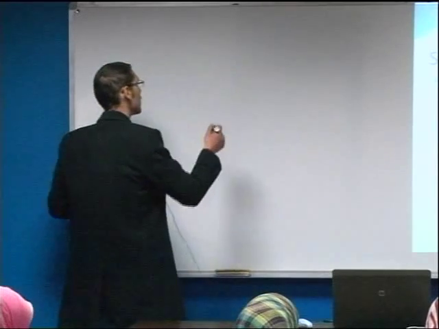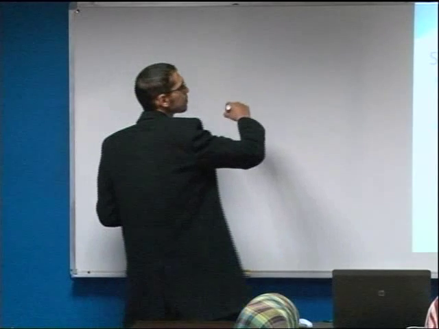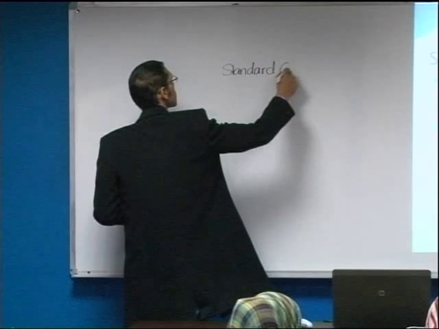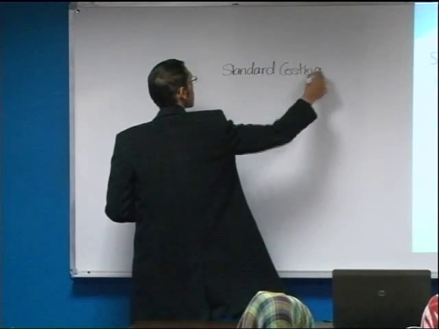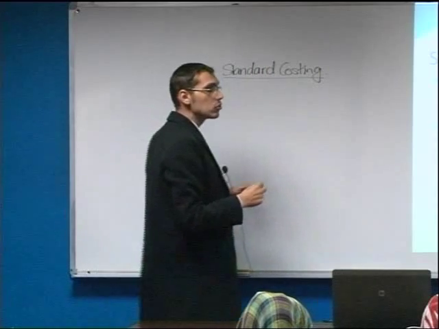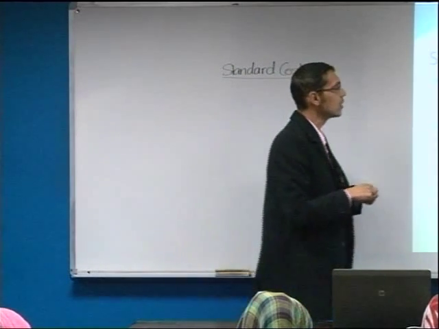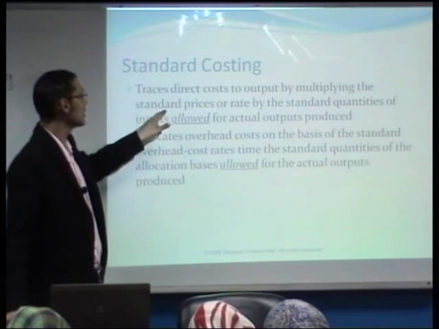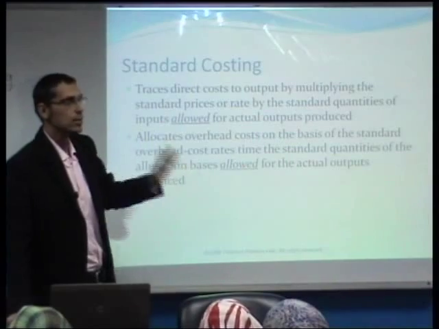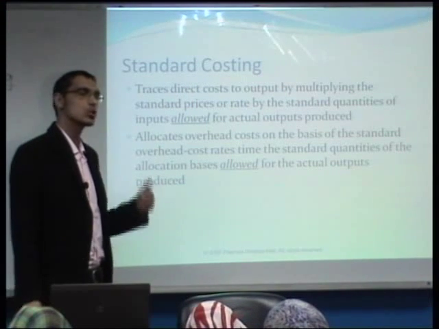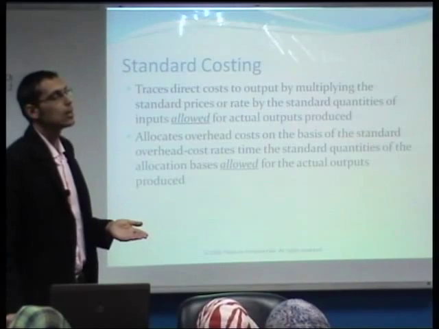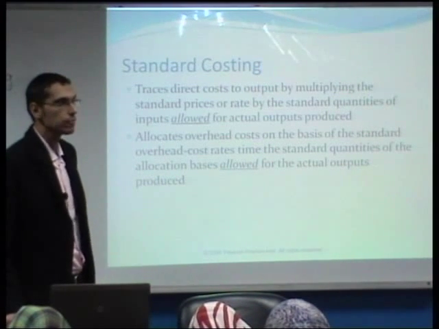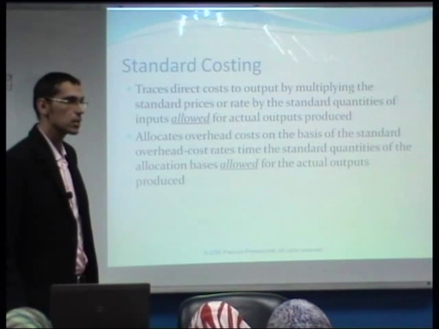Of course, we said that according to a standard costing system, we are going to trace the direct costs according to the standard quantity and the standard prices, which we used in chapter number 7 in the variance analysis that we took for the direct materials and the direct manufacturing labor.